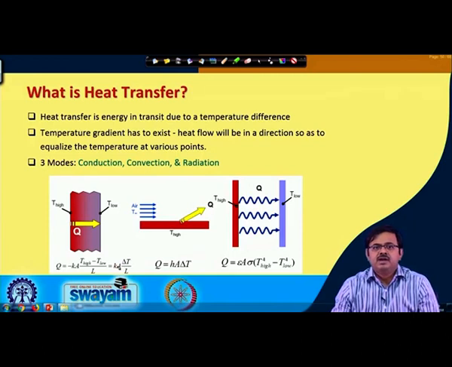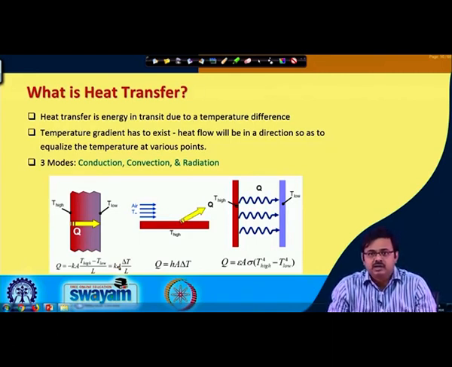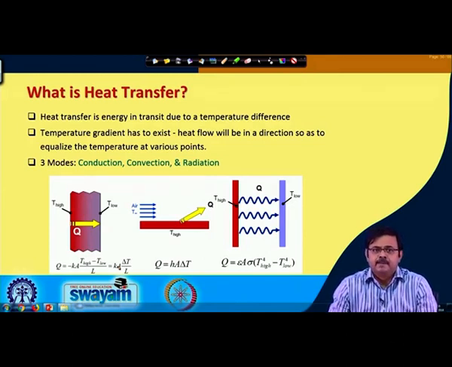Now, this thermal conductivity is a parameter of importance. If the thermal conductivity is high, then it is a good thermal conductor. So, copper is a good thermal conductor, aluminum is a good thermal conductor, but brick is not a good thermal conductor, rubber no, thermocol very low, it is an insulator, right.